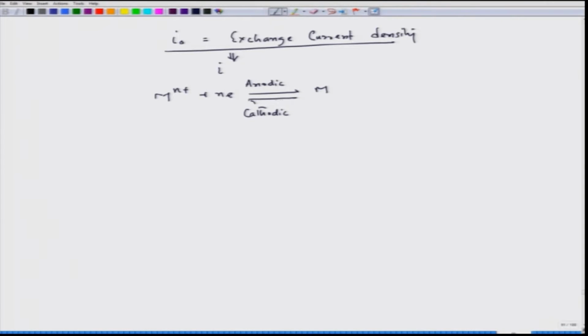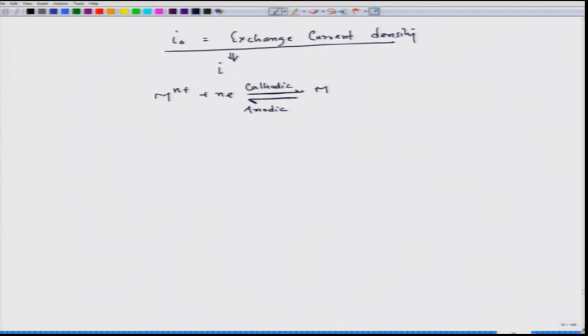So, in this direction we have the cathodic reaction, and sorry, we have just reversed, this would be cathodic and this side would be anodic. Now, this is reduction, the forward reaction, and the backward reaction is the oxidation reaction or corrosion reaction.